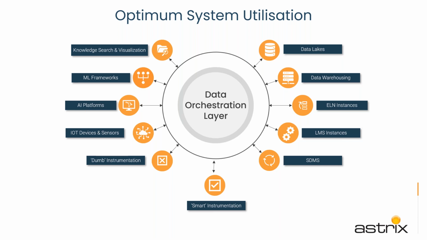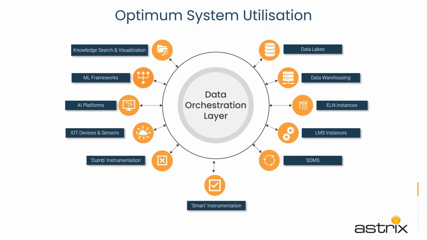So once you take this view, you're then looking for a strategy and an underlying technology stack that handles the transport of data between systems as and when those systems actually require it. So it's all about tying together data from different sources. And most of the time, these will be things such as your ELNs, your LIMS, your SDMSs.